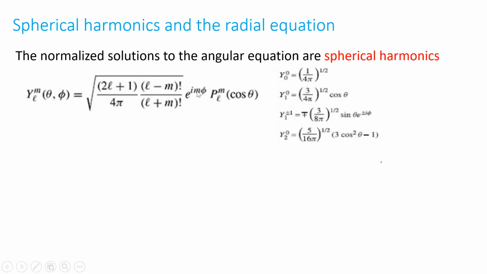M is still 0, so this e to the i m phi is 1. We have 1 minus 0 over 1 plus 0 factorial, so this is still 1 over 1. Then we have 2 times L equal 1 plus 1 is 3 over 4 pi. So we get (3 over 4 pi) to the 1/2 power times cosine theta for Y1,0. So it's a constant times that dependence on cosine theta.